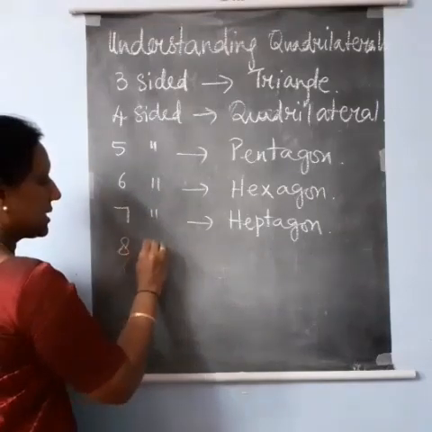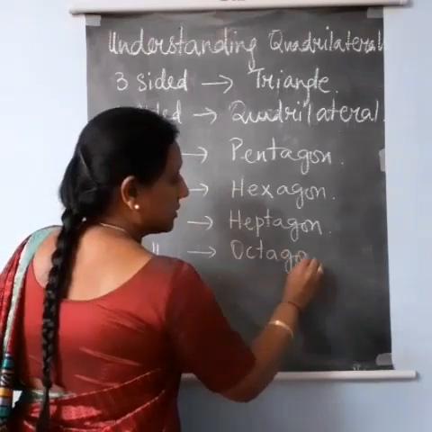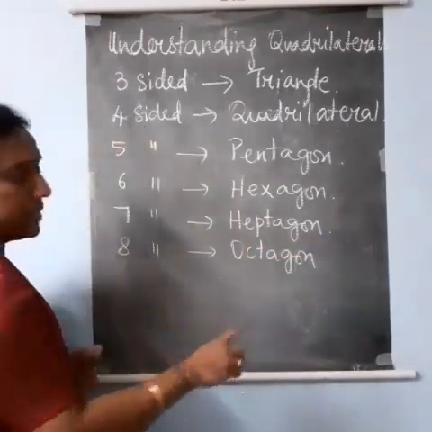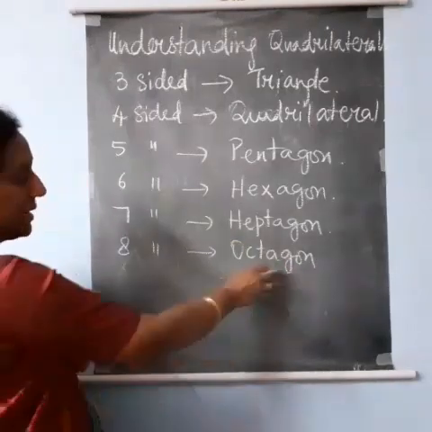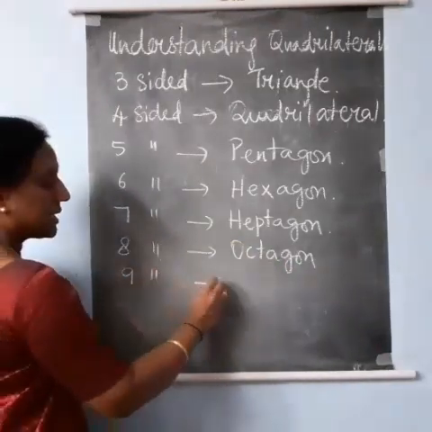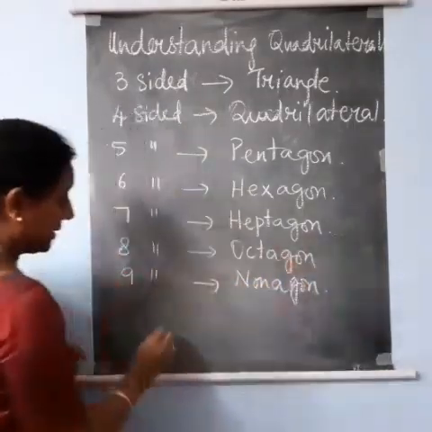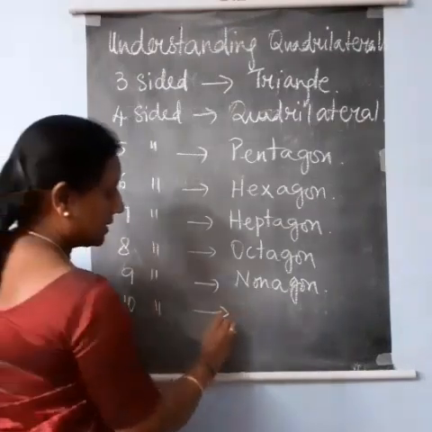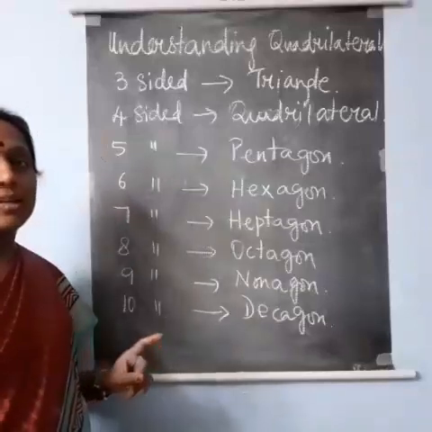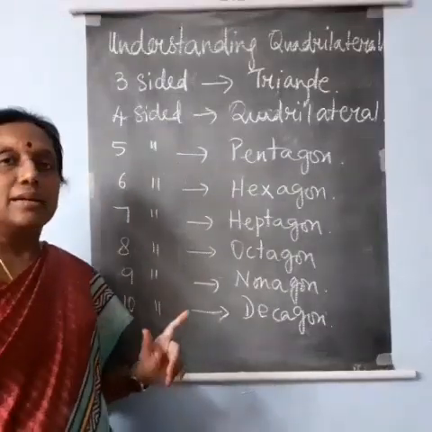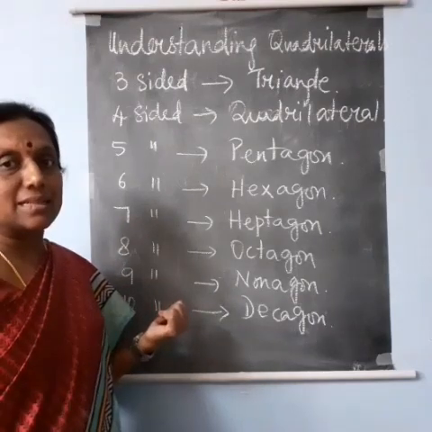When it is eight-sided, it is called an octagon. Gon means sided. Oct means 8 and gon is sided, an 8-sided figure. So when it is 9-sided, it is called a nonagon. And when it is 10-sided, it is called a decagon. So have you understood how polygons are classified according to the number of sides? Okay.